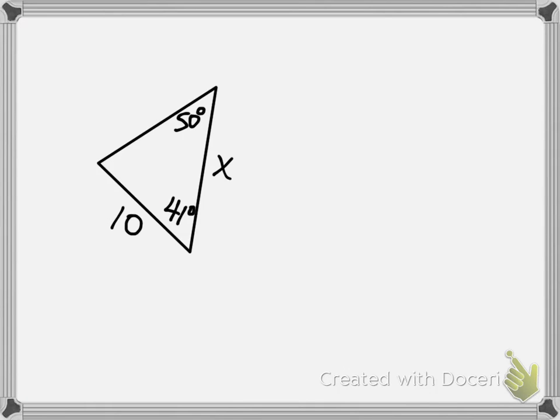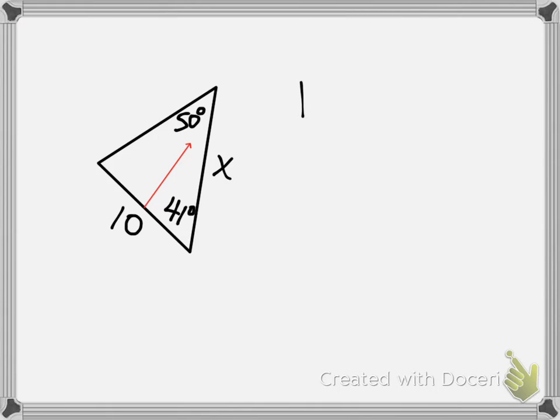Again, there must be an angle and its opposite side before we can use the law of sines. I see that the side that has a 10 on it has an opposite angle of 50, so thumbs up on this one. We can solve for x. So we'll set that up.